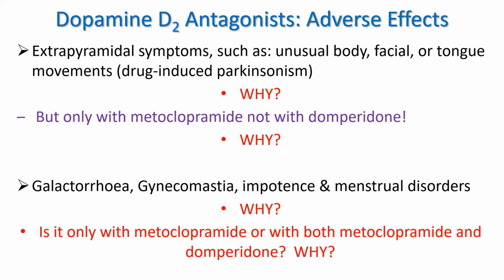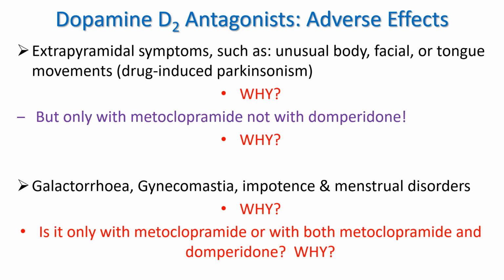Because there's another use of these drugs besides preventing nausea and vomiting. Patients who don't have enough milk output are given domperidone and metoclopramide to stimulate milk production. So that means both of them are able to do that.